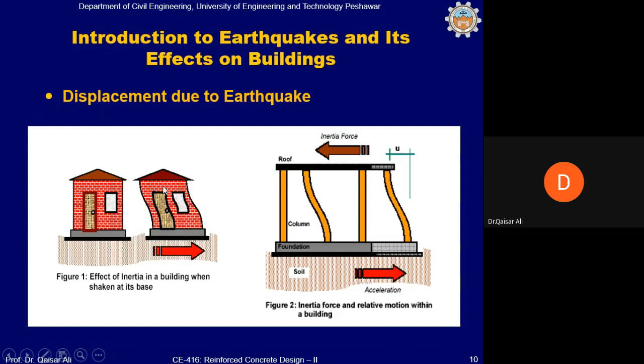But due to inertia, the superstructure, the roof of the structure, and the walls cannot move by the same amount of displacement as the ground or foundation. So when the superstructure lags behind the foundation, it produces stresses in the foundation and in the lateral load resisting elements, which are walls and columns.